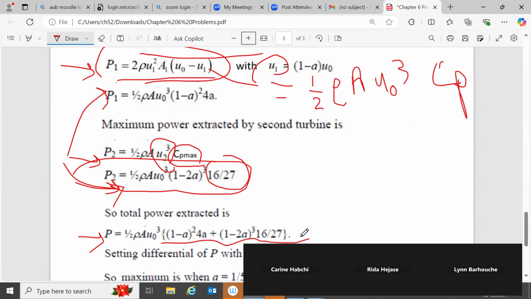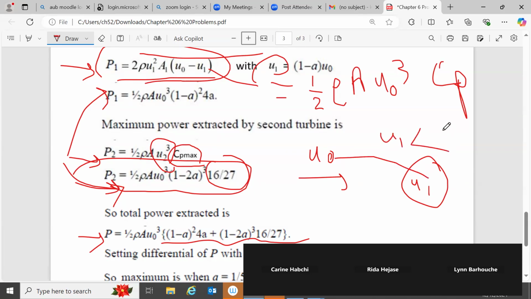Depending on the design, we can vary A to find the optimal operation. What is A? A is the relation between the upstream velocity and the velocity crossing a turbine. This is U0, this is U1. Depending on the design of our blades, the relation between U1 and U0 can vary, but U1 will always be smaller than U0.